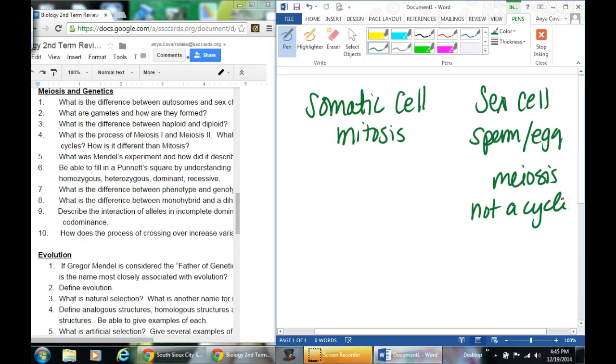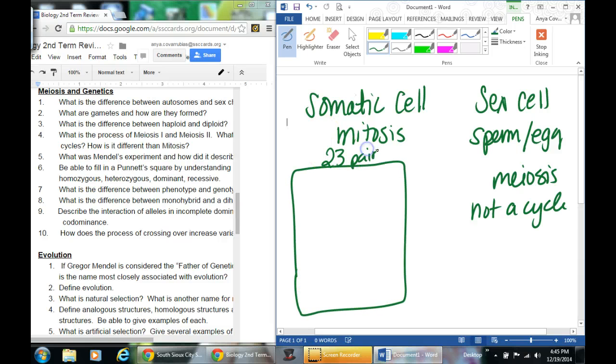Okay, so it says, what's the difference between autosomes and sex chromosomes? So autosomes are going to be, what if we have our karyotype here, and we have our 23 pairs of chromosomes.